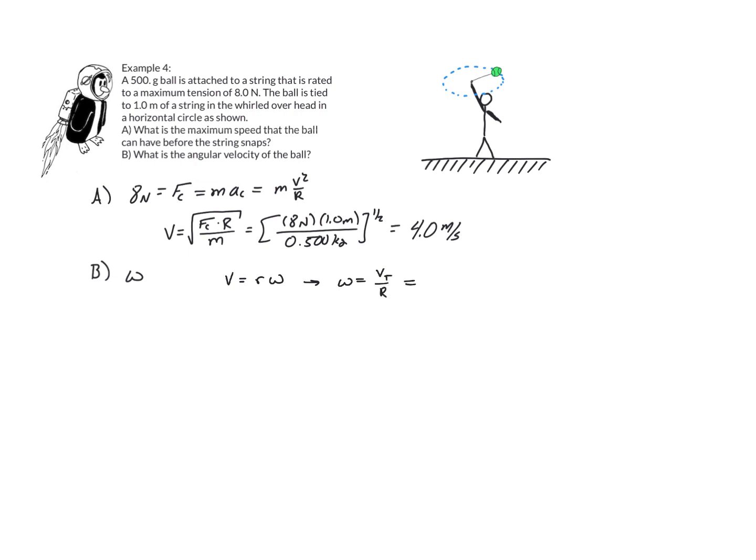In this case, we have 4 meters per second divided by 1.0 meters, leaving us with 4.0 per second. We have to recall that this is actually 4.0 radians per second.